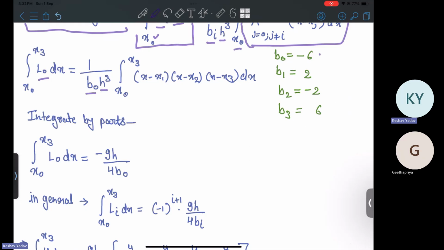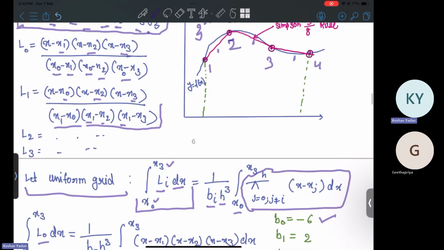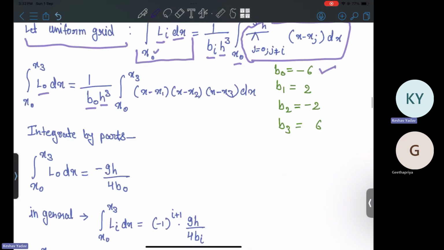Here if you find the b0 values, this is x0 minus x1, which is minus h. This is minus 2h. This will be minus 3h. If you multiply that, it will come to minus 6h cube. So the h cube we have already written here. So b0 will be minus 6. Similarly, b1 will come 2, b2 will come minus 2, and b3 will come 6.